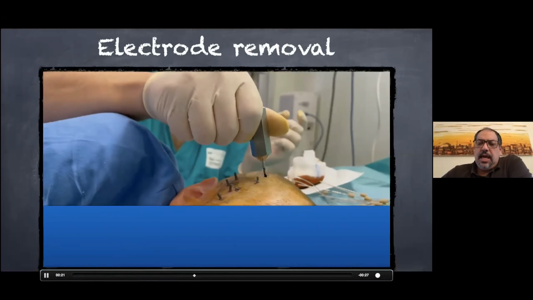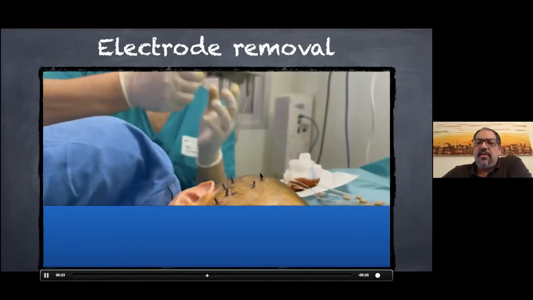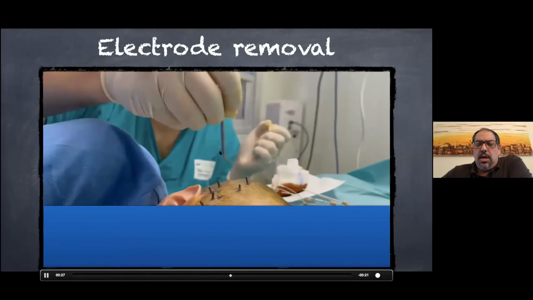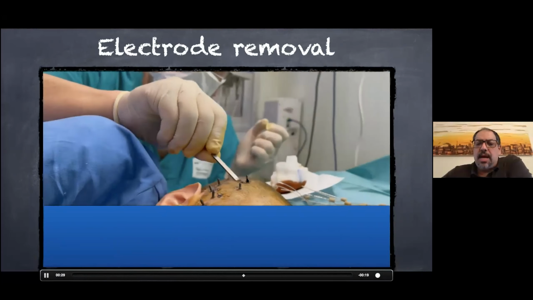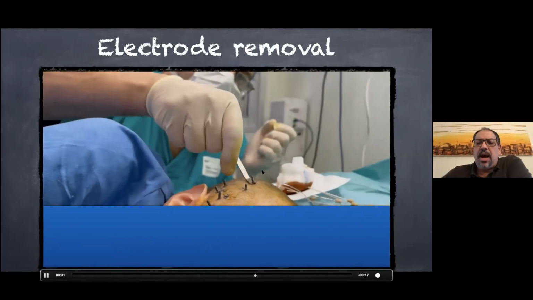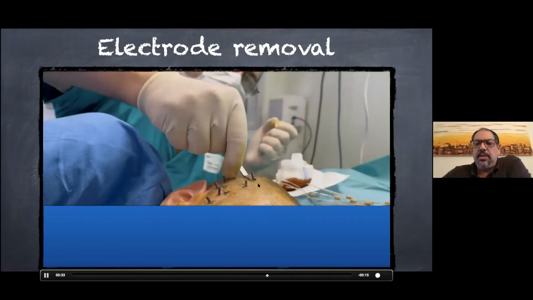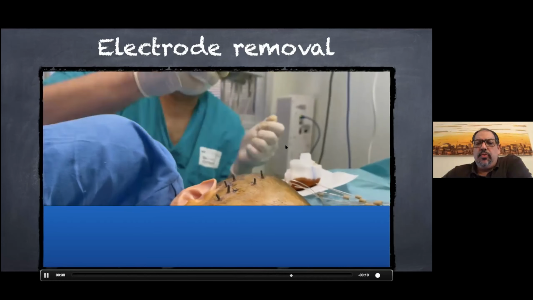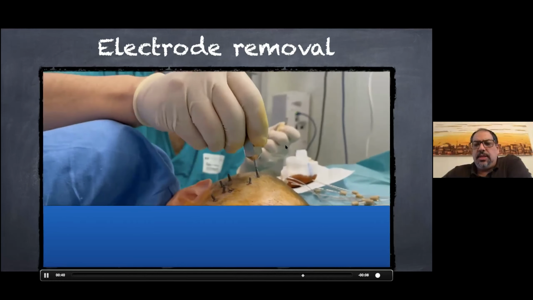You can see here when the screw is very strongly tightened, it's better not to force too much inside the screw, but first to untighten it a bit with this special key, and then to remove with the screwdriver.